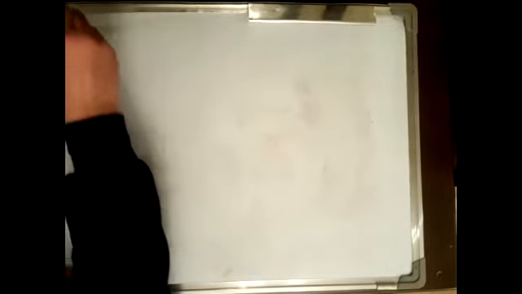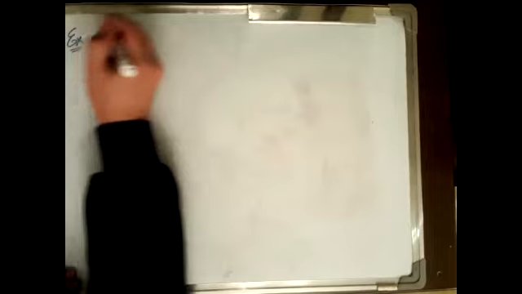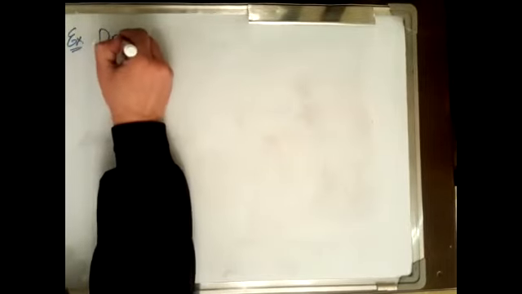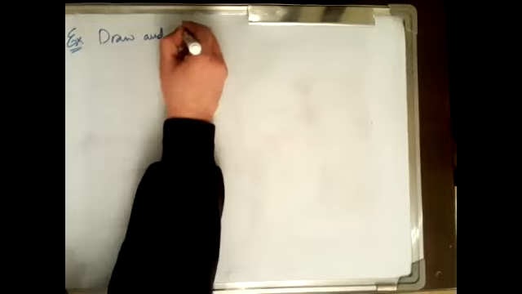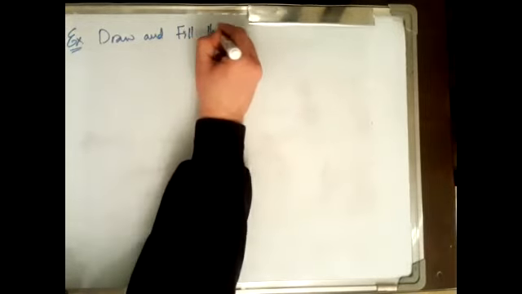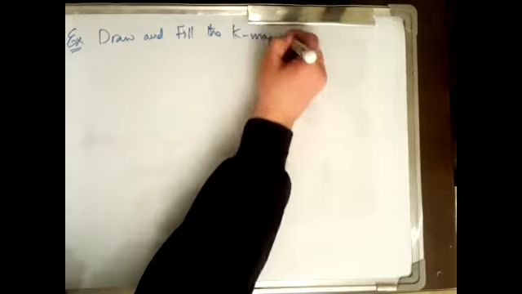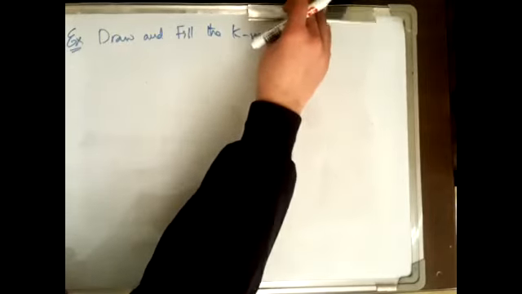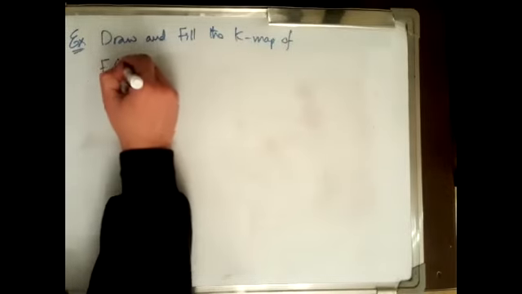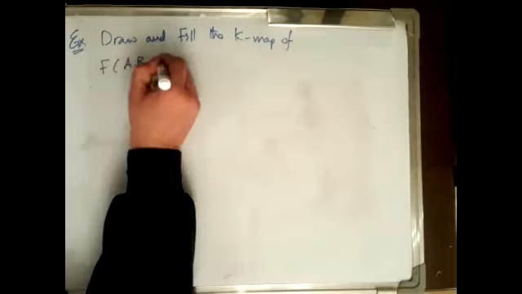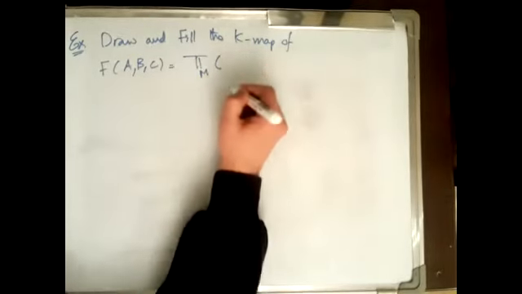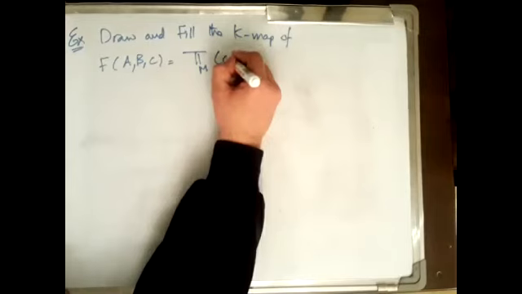So I don't need the truth table anymore in these examples. Example: draw and fill the K-map of f of a, b, c equals product of max terms 0, 1, 2, 3.